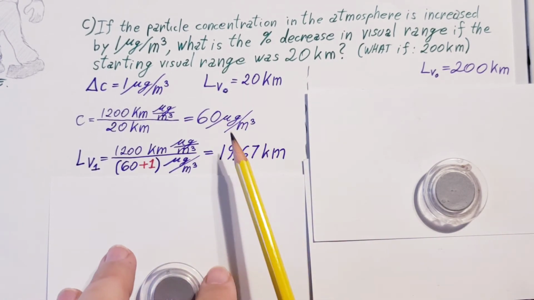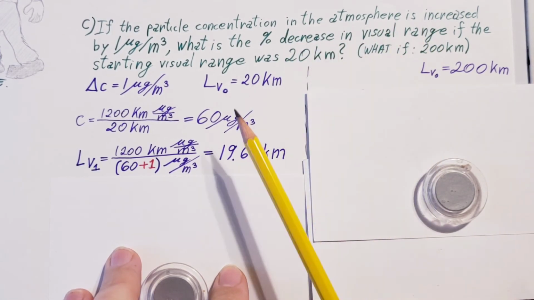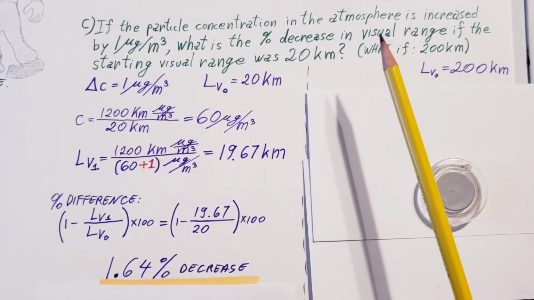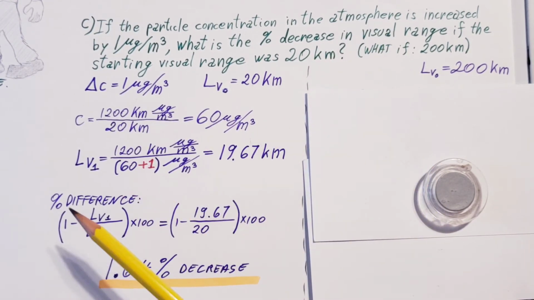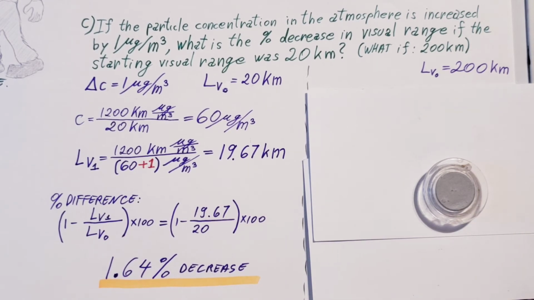Now, they want us to find the percent decrease in visual range, so we have to compare these two to each other, and that's what you see here. Percent difference is 1 minus the new divided by the old, both visual ranges, times 100. Plug it in, and we find that the visual range decreased by 1.64%.